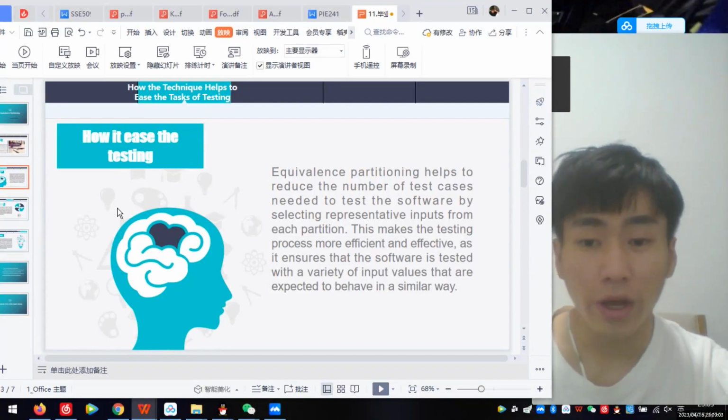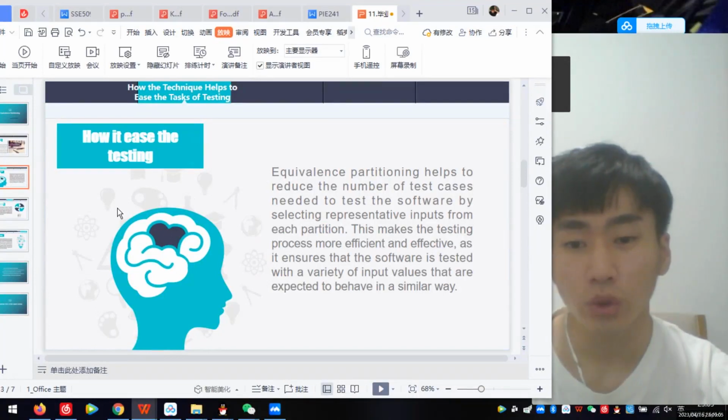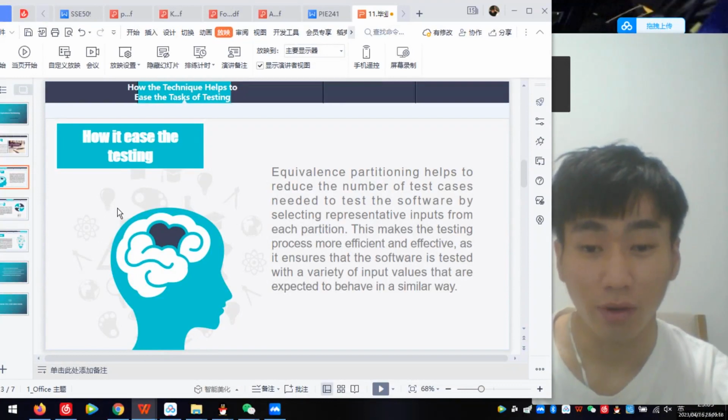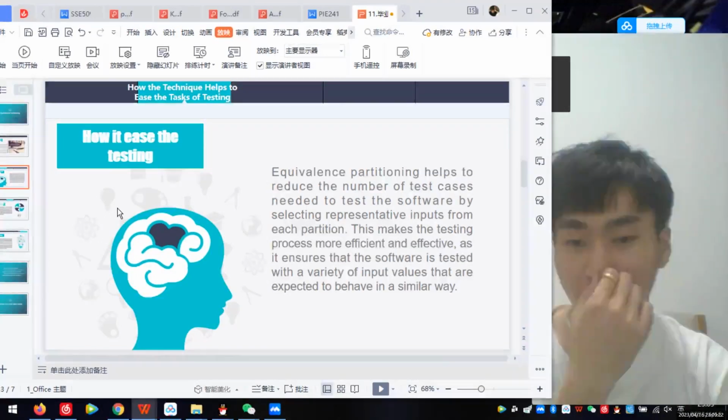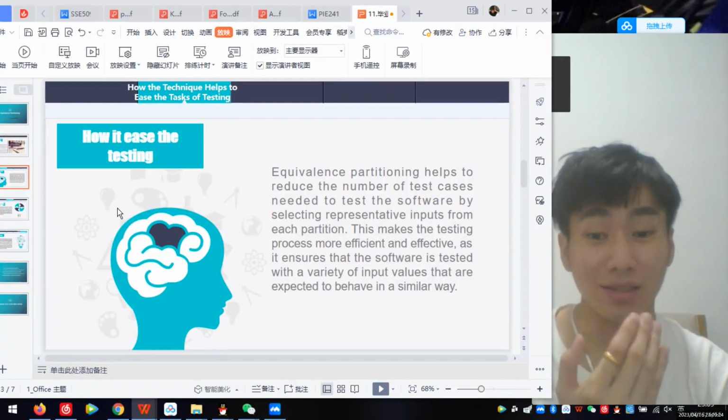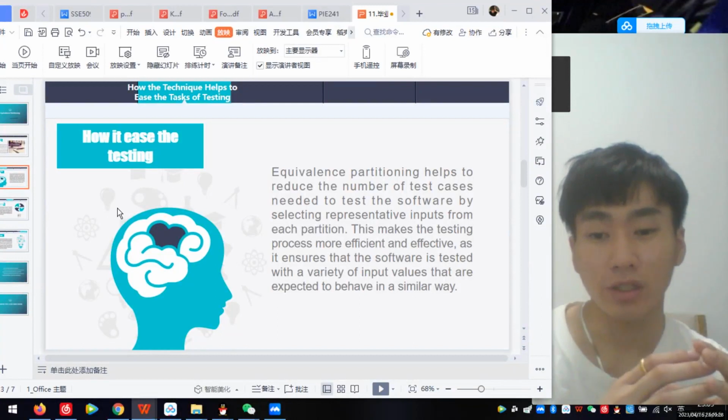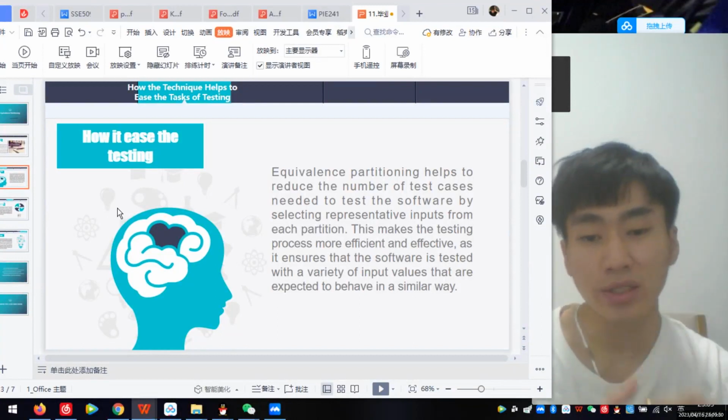It also helps to ensure that the system is tested comprehensively by selecting representative inputs from each partition. This technique can be particularly useful for systems with a large number of possible inputs, as it allows testers to focus on the most important inputs and reduce the risk of missing critical defects.